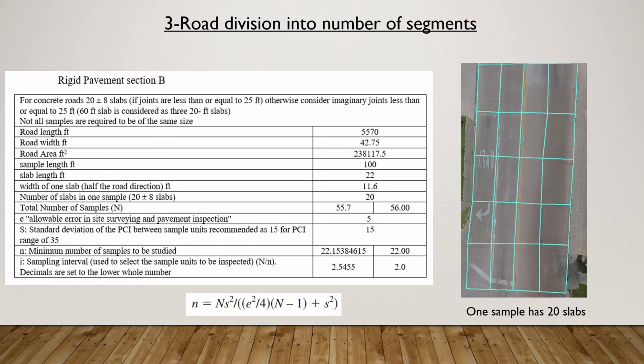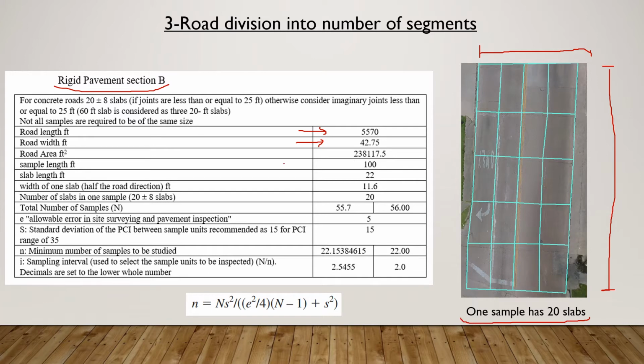The second section in the rigid pavement, section B: the road length was 5,570 feet, and the road width was 42.75 feet. This is the road width, and this is the sample length, and I chose the number of slabs in one sample to be 20.